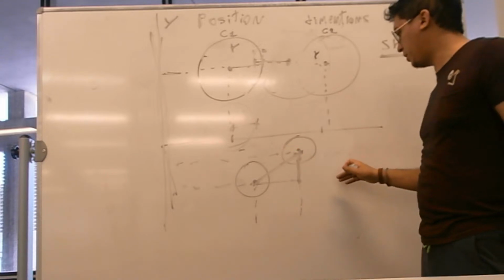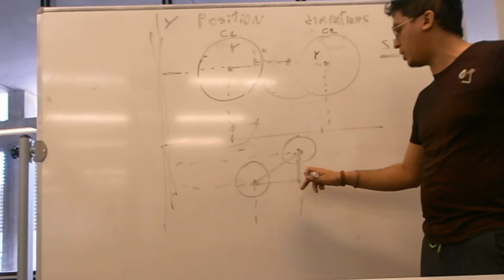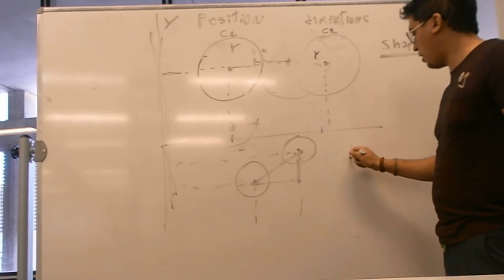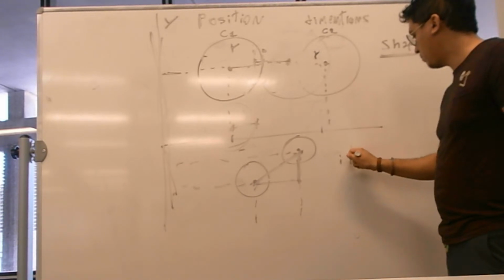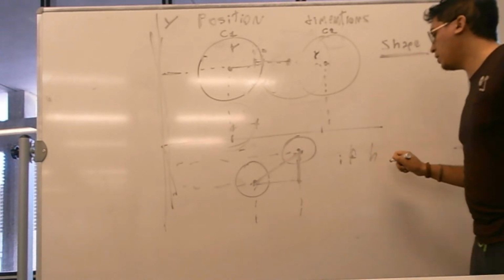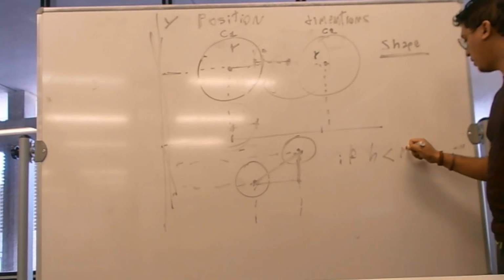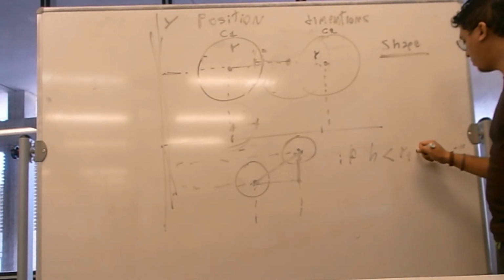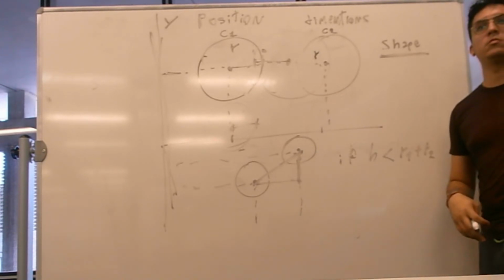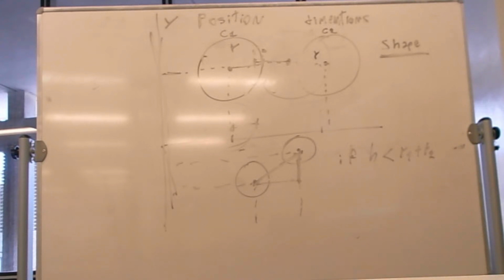So basically you would do this operation, and then you would say if h is less than R1 plus R2, then they're touching. Simple as that.